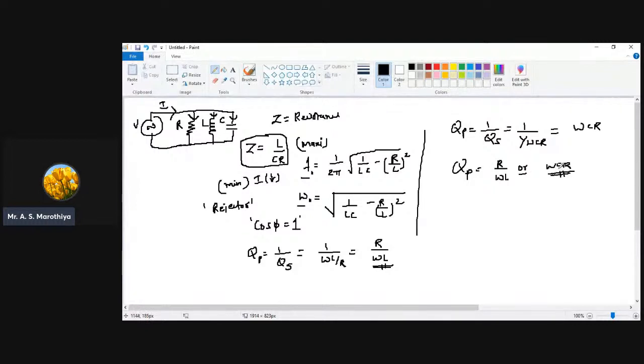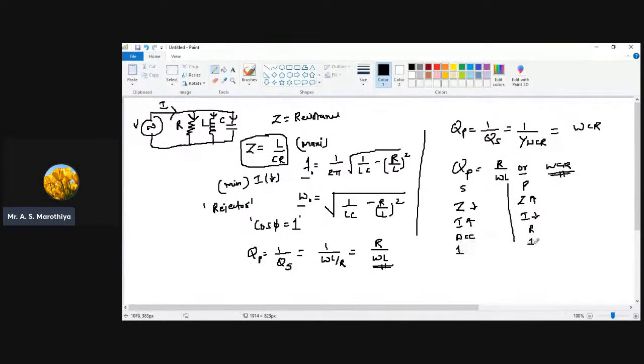So this is the basic quick revision of what exactly a series resonance circuit is and what exactly a parallel resonance circuit is. In case of series, the impedance is at minimum, but in case of parallel, the impedance is at maximum. Because here impedance is minimum, current is maximum. Here, because impedance is maximum, current is minimum. This circuit is called an acceptor circuit. This circuit is called a rejector circuit. Here, power factor is going to be 1.